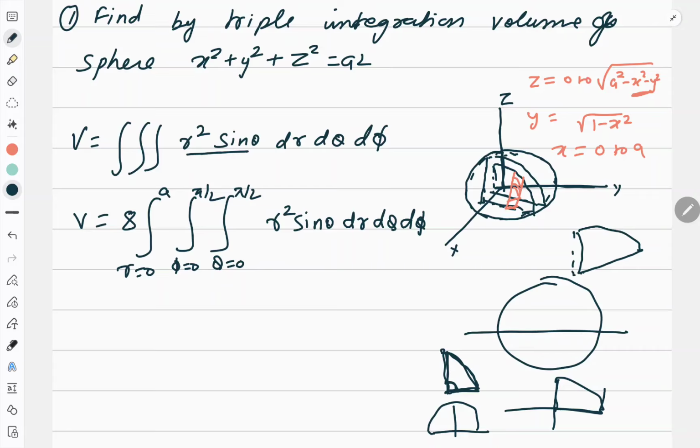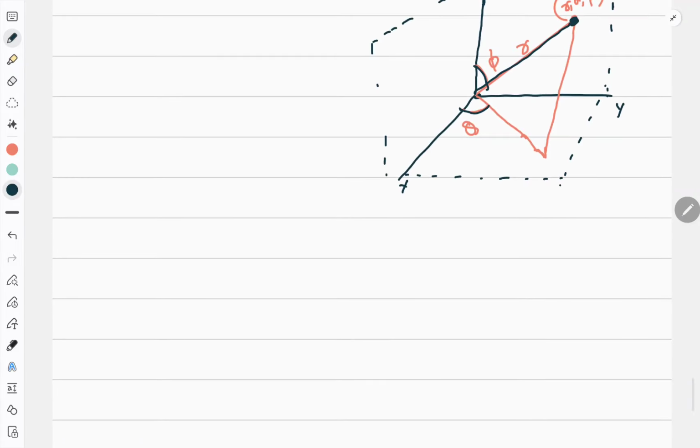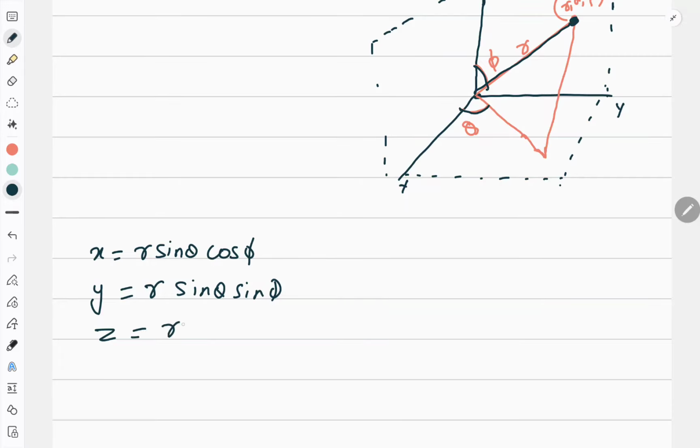And always remember, for your reference, I will write down here what the spherical coordinates are. x is equal to r sine theta cos phi. y is equal to r sine theta sine phi. And z is equal to r cos theta. Okay?